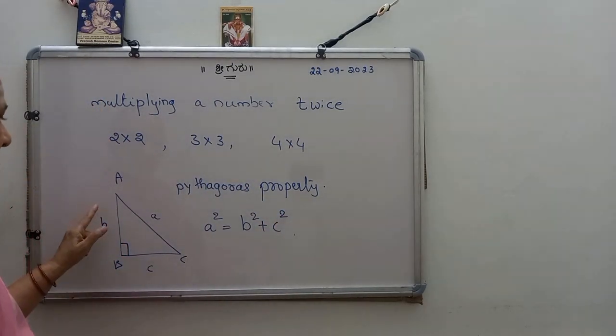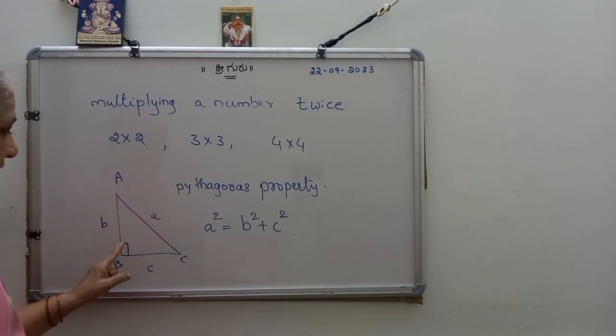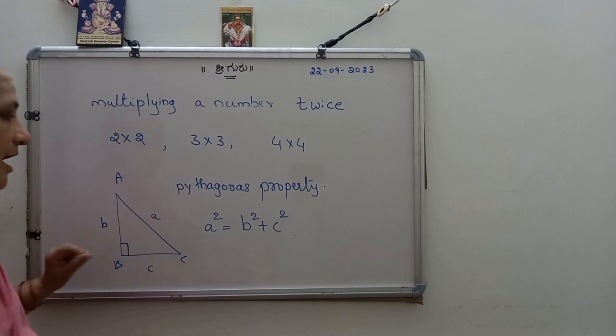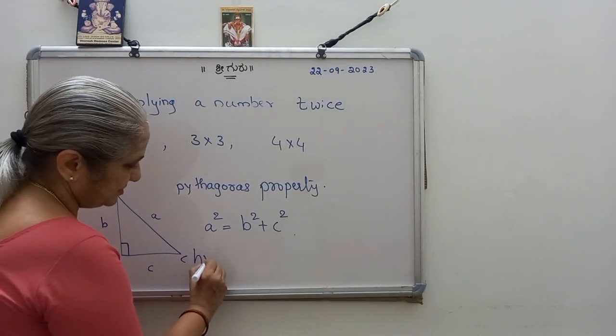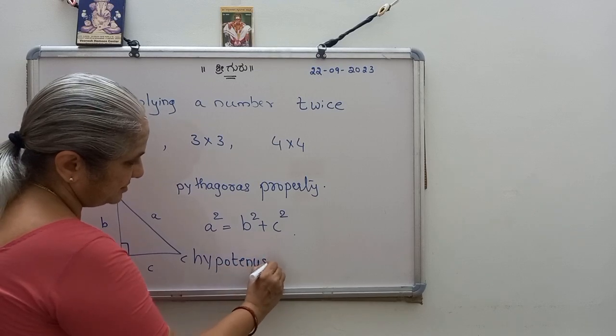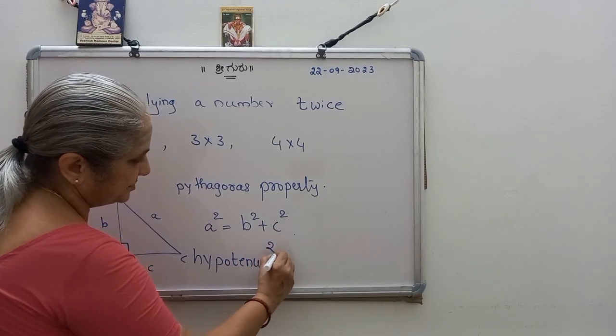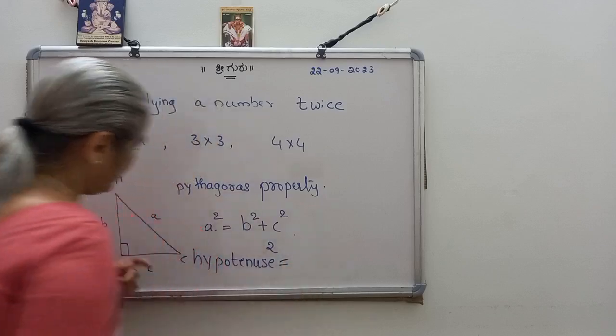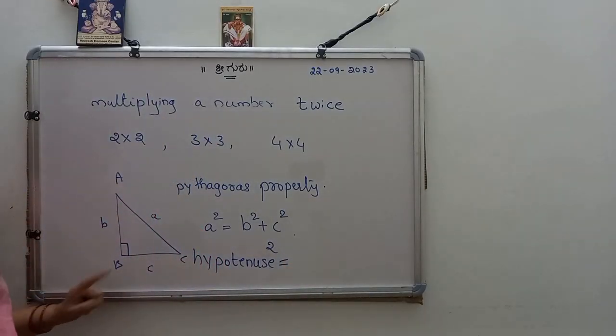And in this right angle triangle, the side opposite to the right angle is called hypotenuse. Square is equal to, and other two sides are called legs.